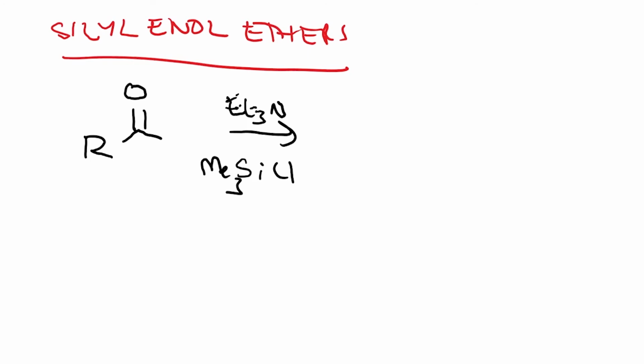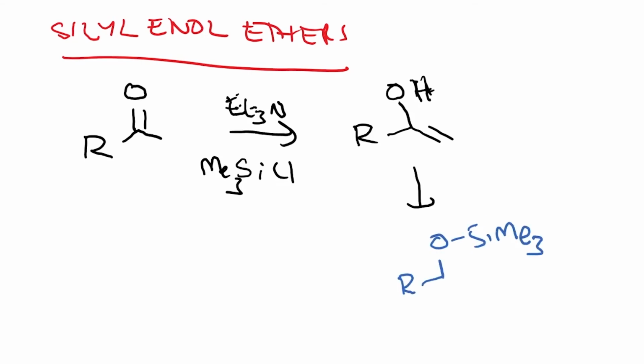And what this does is it first gives you the enol, and then the enol is going to react and give you the silyl enol ether. Okay, so this is an enol, and if you have a methyl group instead of Si here, that would be an enol ether.